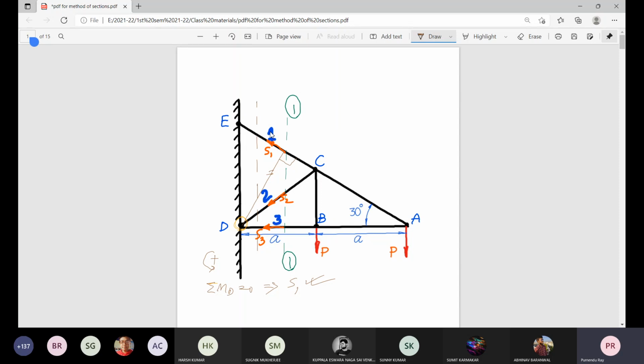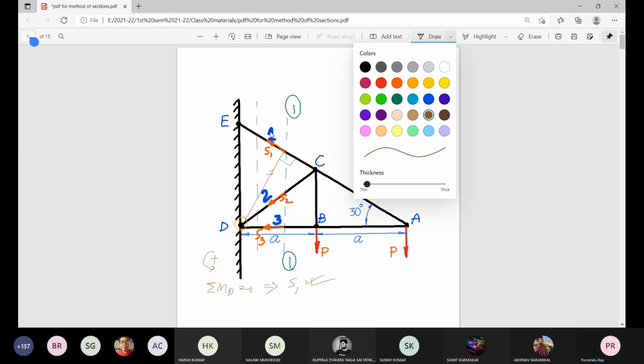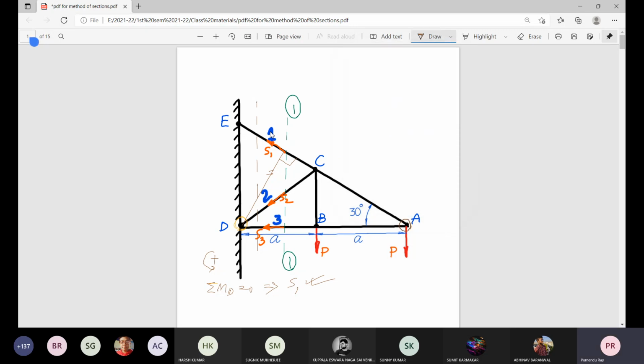Now what will be the suitable location for the moment center to find out the value of S2 directly? Definitely where the lines of action of S1 and S3 intersect, and that is the location A. So sigma MA equals 0 will give the value of member S2.